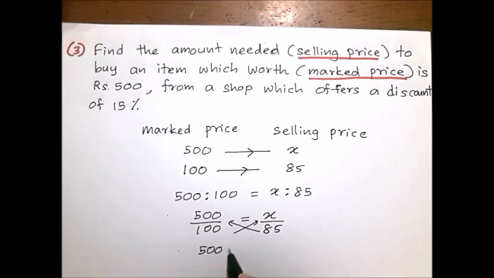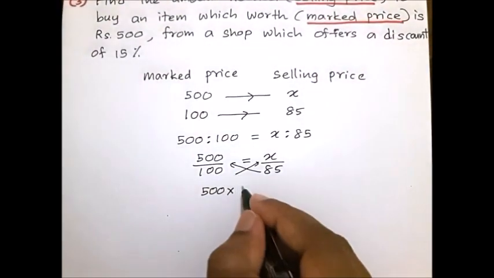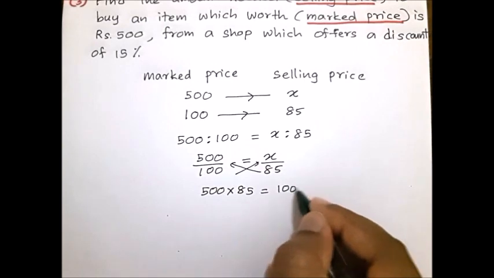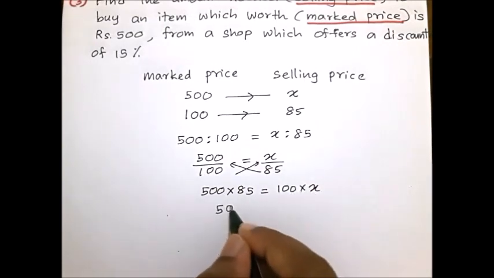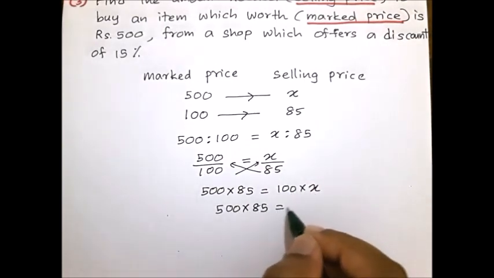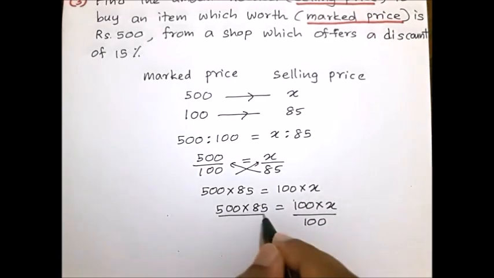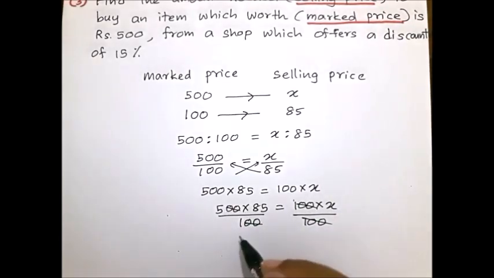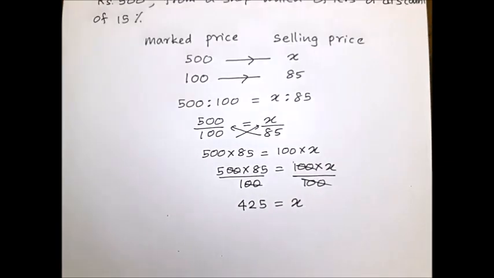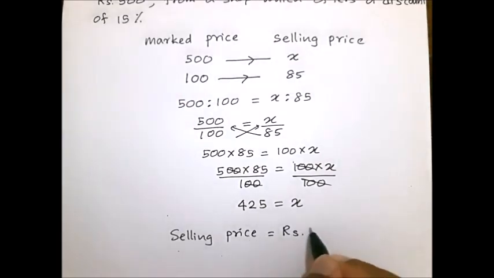Here 500 multiplied by 85 equals 100 multiplied by x. To find x, you have to remove 100 from this side. So divide both sides by 100. Cancel, and here 2 zeros cancel. 5 multiplied by 85. It is 425. So the selling price of the item is 425 rupees. That is the answer.